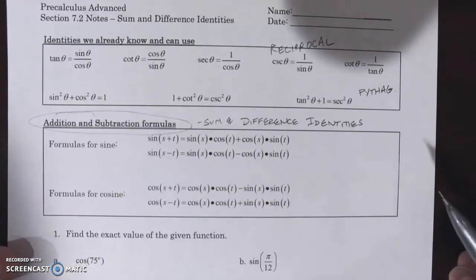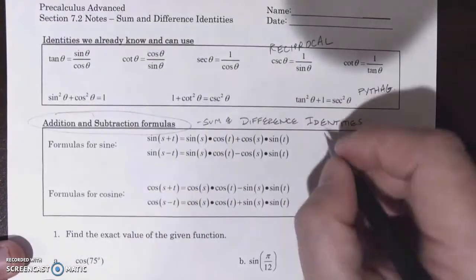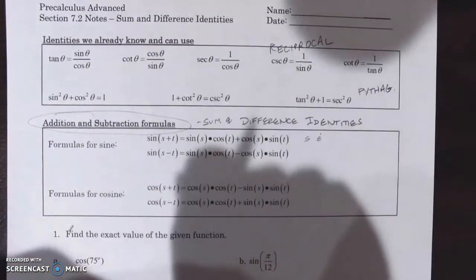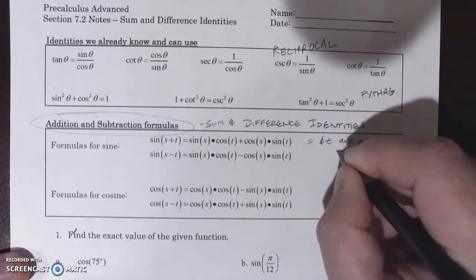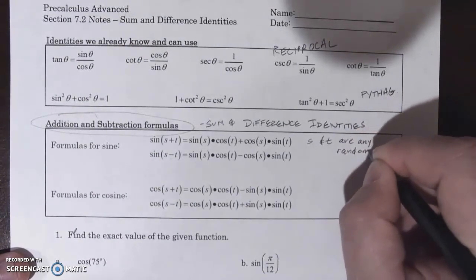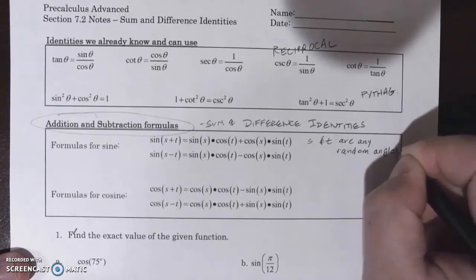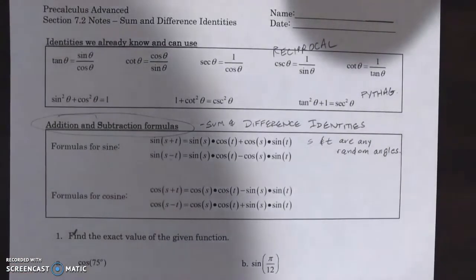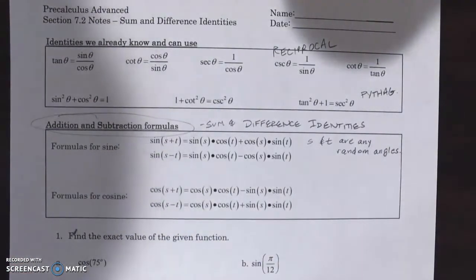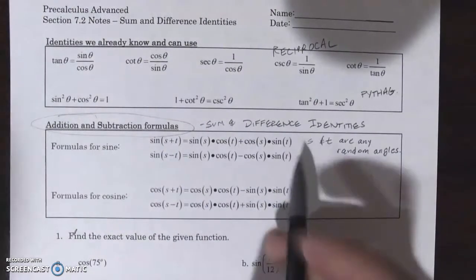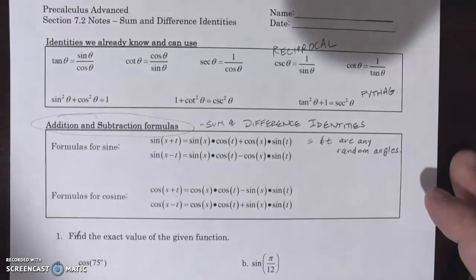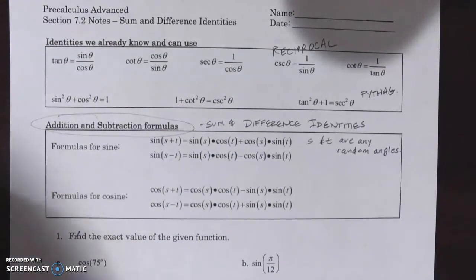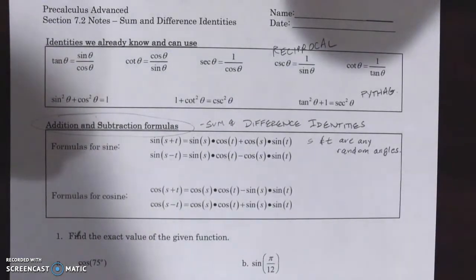So what we need to think about when we're looking at these formulas, these identities, is that S and T are any random angles. Okay. So if we were to write an angle in terms of the addition or subtraction of two other angles, this is how we would do it. Okay. We're going to jump right into an example so you guys can see how this works and why it is useful.